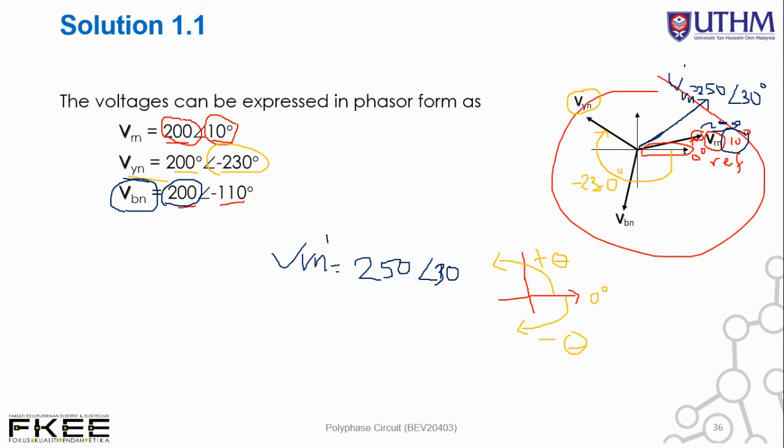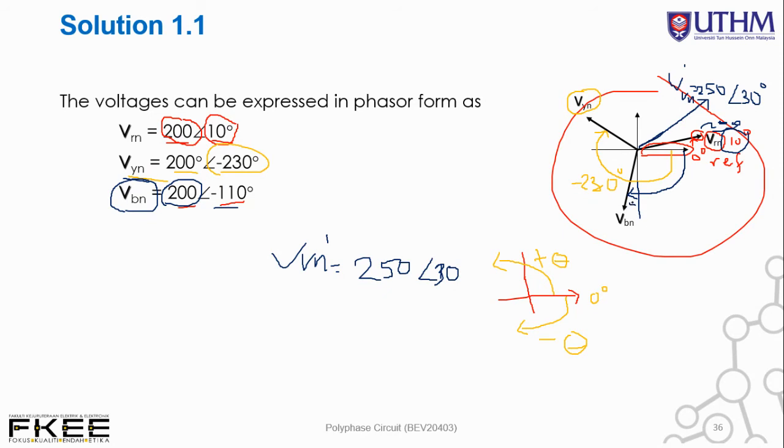So again, from your reference, move down because it is a negative sign. So this is minus 90, and we have slightly 20 degree more before you reach the position of the question over here. Okay, so 20 degree more from the 90 degree line over here.